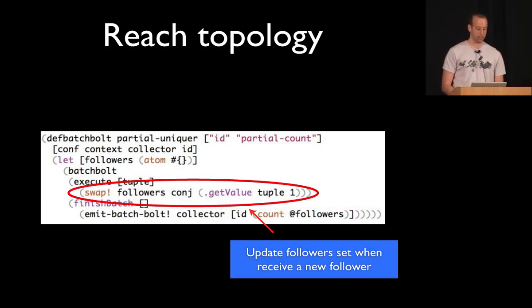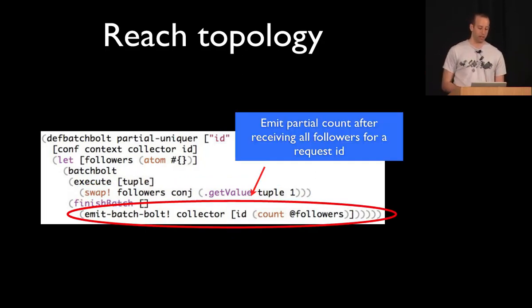Then when it's received all tuples for the batch, this finished batch function is called, and it just emits the request ID and the count of the set to emit the partial count. That's it, and then a count aggregator is another similar pattern, and that's it for reach.